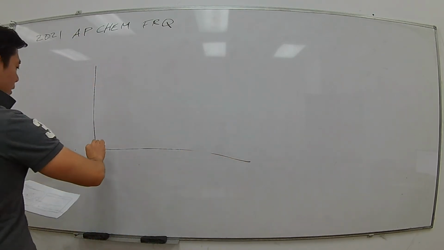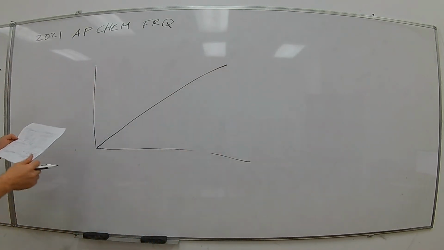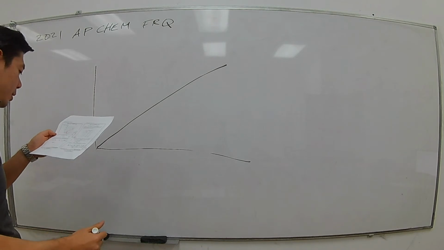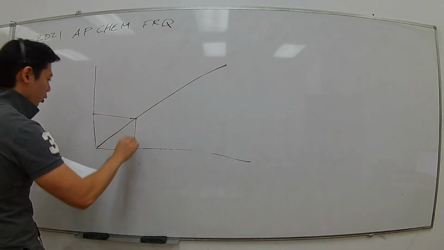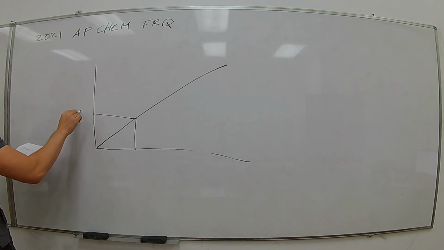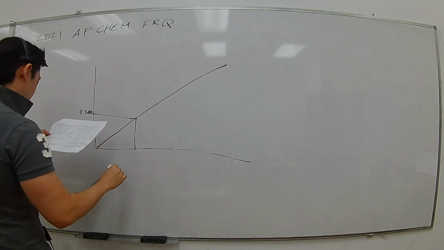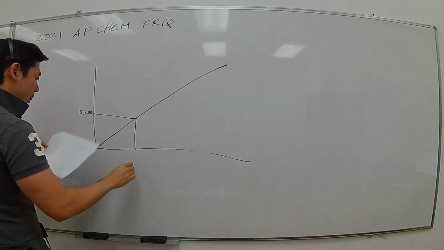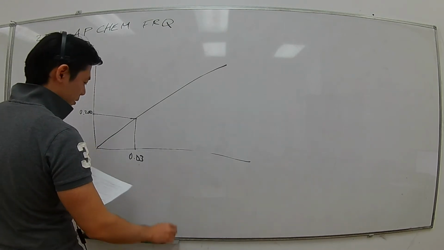So this is a best fit line, and if the absorbency is around 0.219, you can draw the lines. This is around 0.200, and if it's around 0.200, it's around 0.03 as the concentration, as molarity.